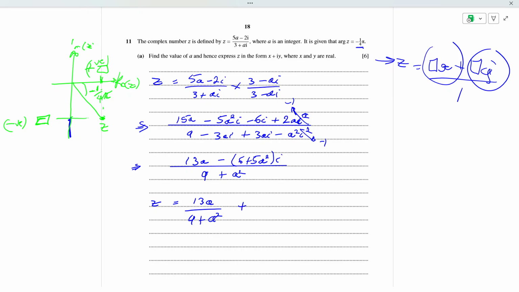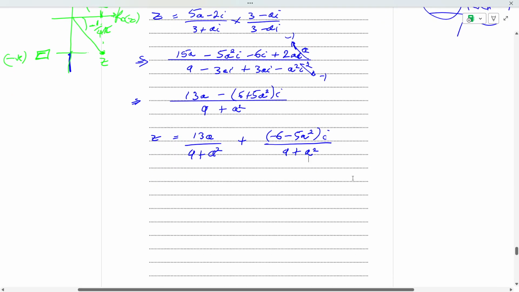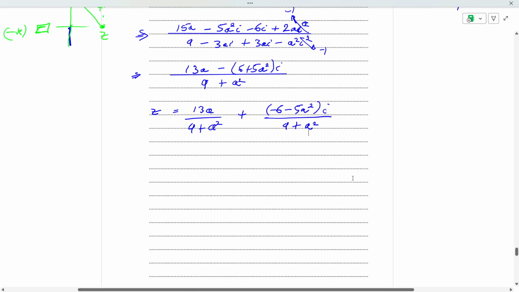And then we want to add, and we take the negative back. So we have negative 6 minus 5a squared, bracket, i, over the denominator, which is now just a constant. Okay, so now it's in the form coefficient x plus coefficient yi.